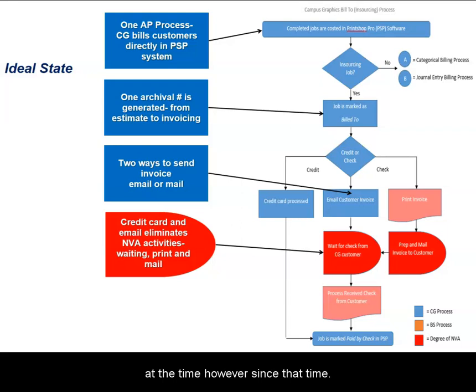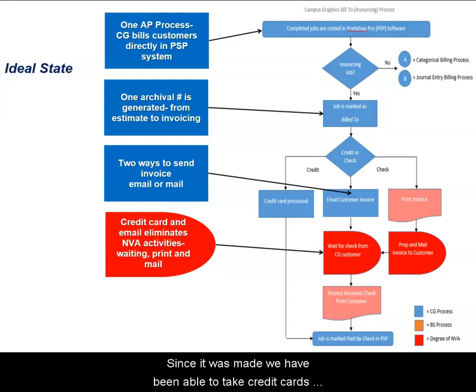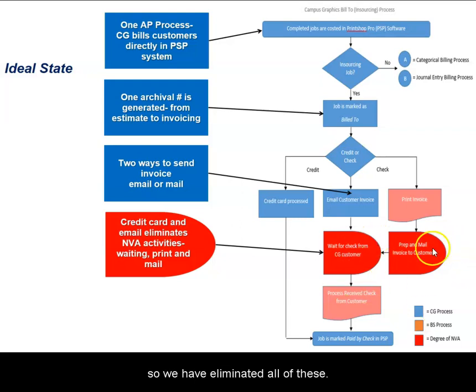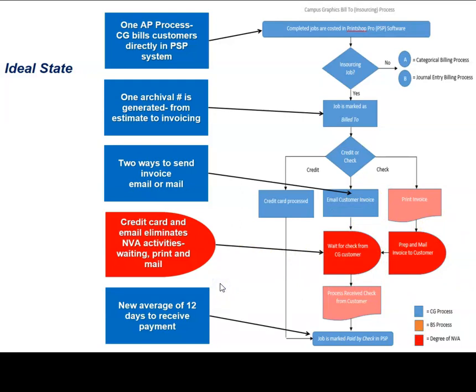However, since this was made, we have been able to take credit cards, so we have eliminated all of these existing delays. So what usually took 45 days now takes 12 days. You can see that's an incredible improvement.